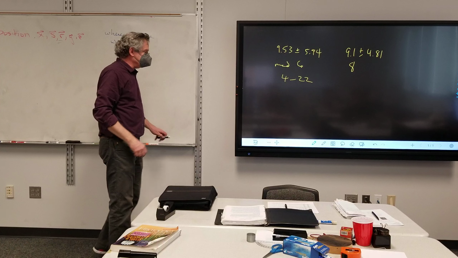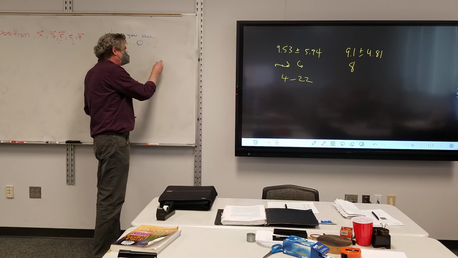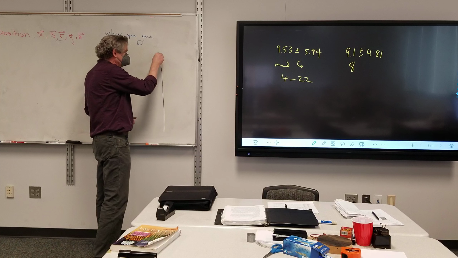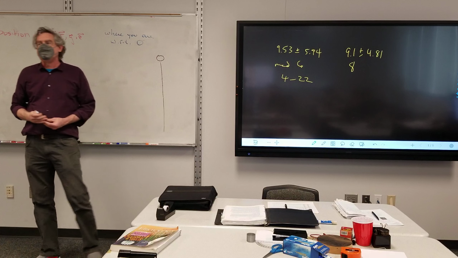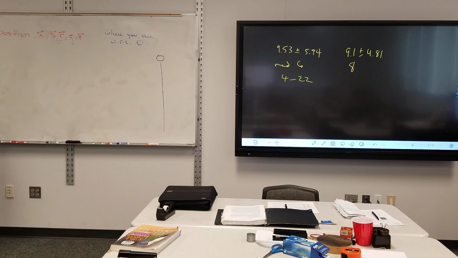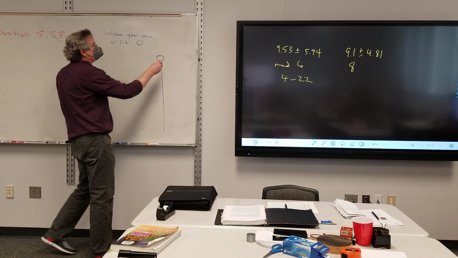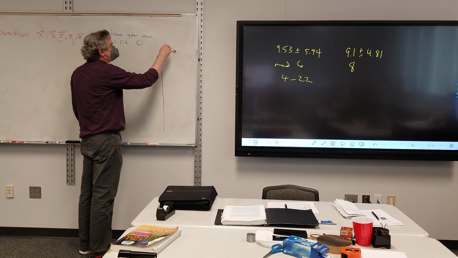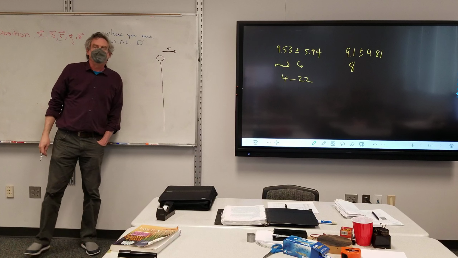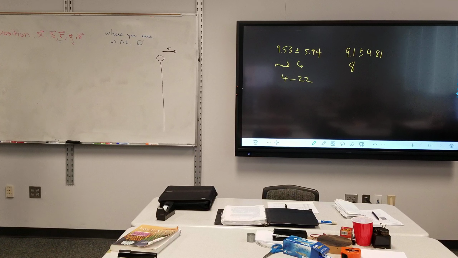For the sake of this exercise, I'm going to establish 0 to be right here. We'll make it a one-dimensional problem, and I am going to say that to the right is positive. I could equally say to the left is positive, but I've been brainwashed like everyone else.